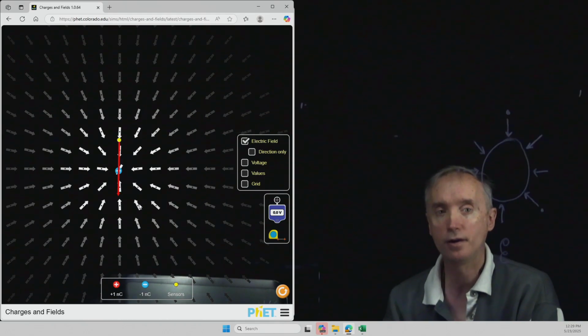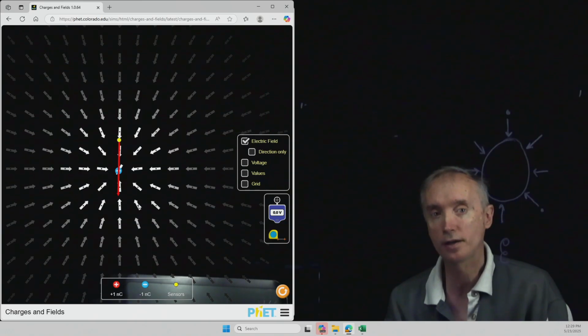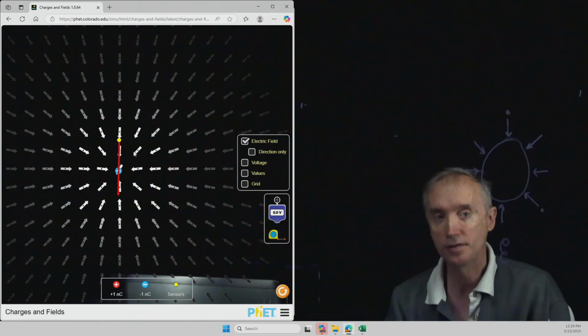So that red arrow represents the electric force that it's experiencing. And do you notice what direction is it going? It's going down.